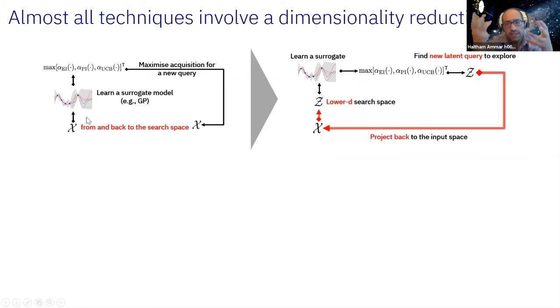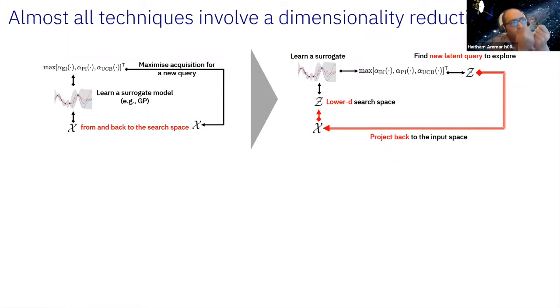Now, when it comes to high-dimensional BO, the idea is really simple, and it almost always involves a dimensionality reduction step. The red lines I depict here are additions that you would make to standard Bayesian optimization, where now from X, you go to a lower dimensional space Z, and then you execute BO in that lower dimensional space Z. Effectively, this is the latent space, typically lower dimensional and continuous.